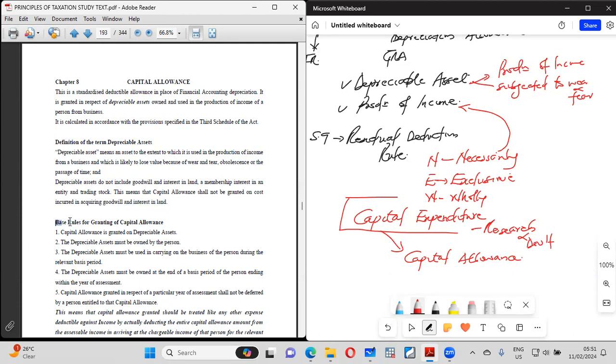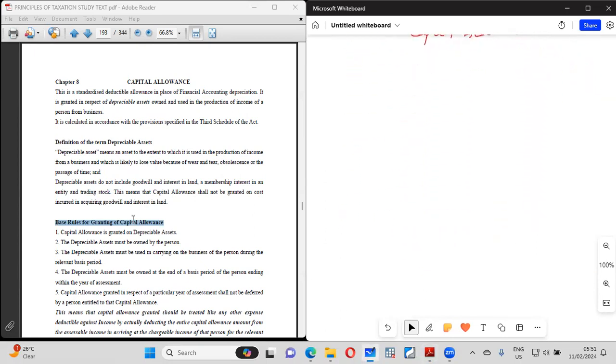Now we look at the basic rules for granting capital allowance. Before GRA can grant you capital allowance, number one, the asset must be what? A depreciable asset. Number two, the depreciable asset must be owned by the person, and a person here means an entity.